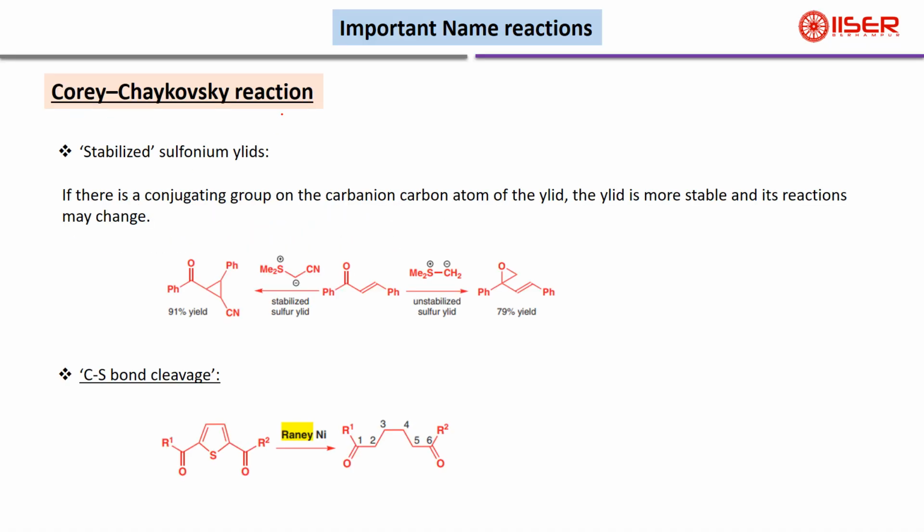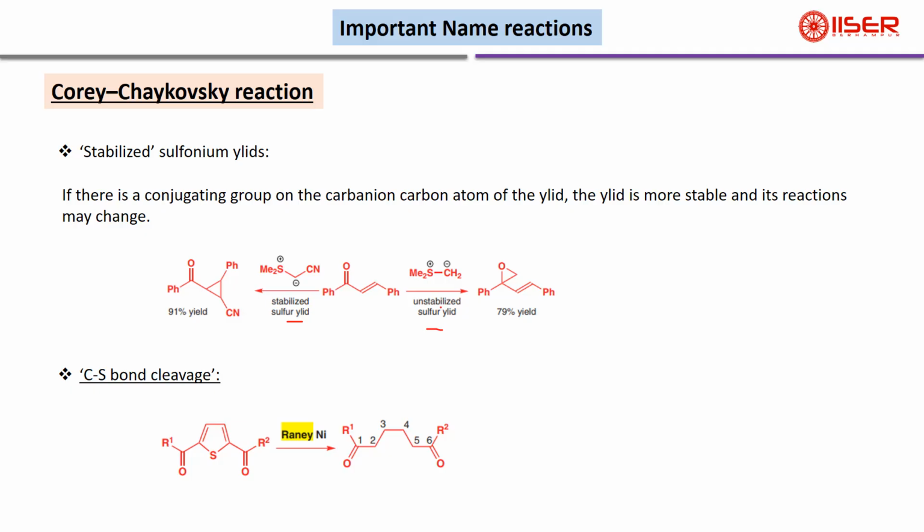So what is the Corey-Chaykovsky reaction? Suppose you have sulfur ylide instead of phosphorus ylide. What will happen? And use this aldehyde or ketone. There are two types of sulfur ylide, similar to the phosphorus ylide. One is stable ylide and one is unstable ylide.